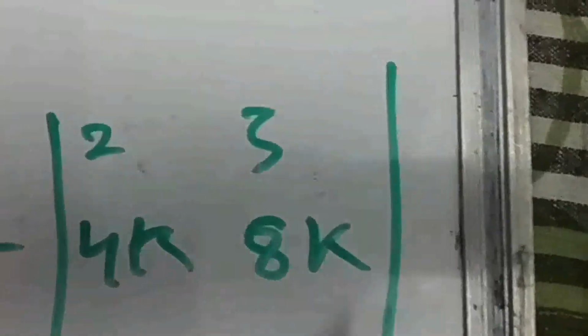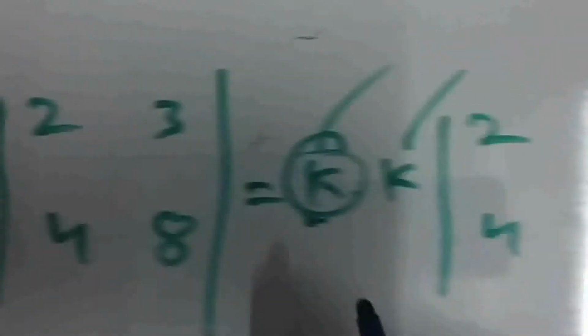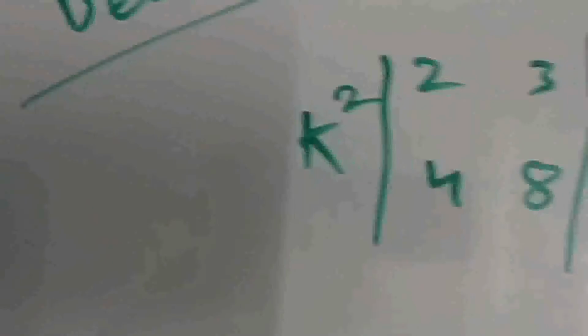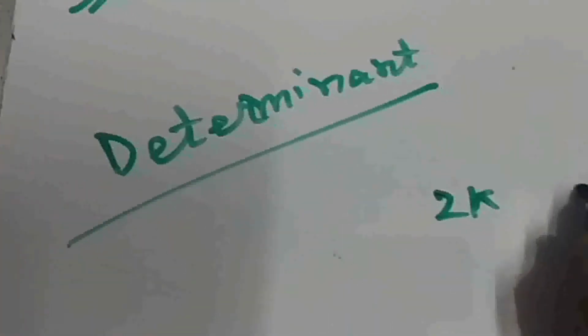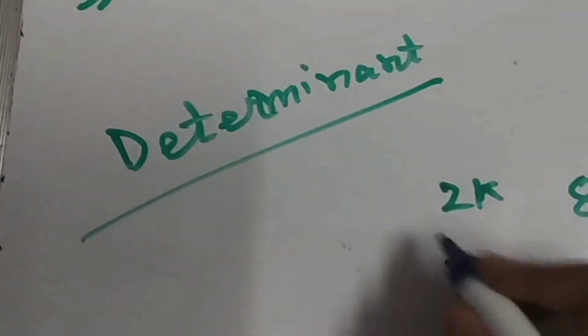Then again here k will not be there, because I have taken k common. Now you will take k common from the second row. Again the second k will come, so k into k will be k square. Suppose it is 2k, 8k, 7k and 6k, and you want to take k common.